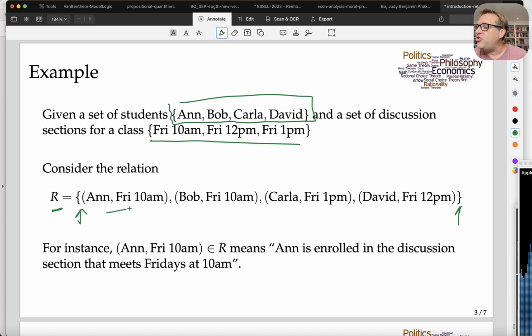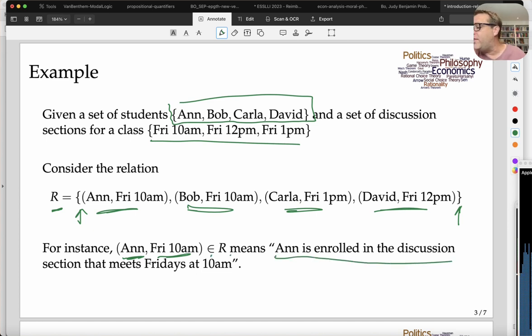So this relation has four elements, that is four ordered pairs, indicating which students are enrolled in which discussion sections. So for example, the ordered pair Anne, Friday at 10 a.m., this is an element of R. That means that Anne is enrolled in the discussion section that meets Fridays at 10 a.m.